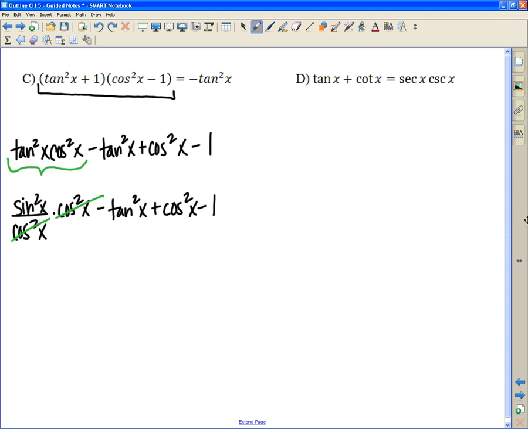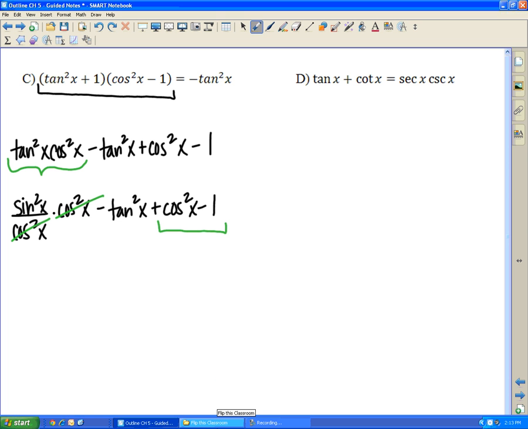Looking at squared things and ones, there's a variety of things I can do. I could do cosine squared minus 1. What does that equal? Sine squared. In that case, I would change this to a sine squared. I'd have 2 of those, 2 sine squared minus tangent squared, which I'm wondering if it could be a little simpler.